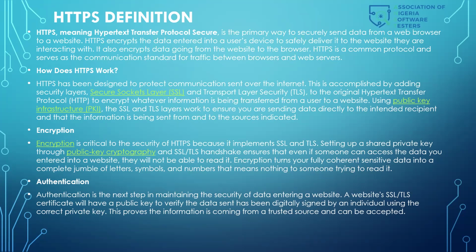So encryption generally is critical to the security of HTTPS because it implements SSL, that is secure socket layer, and the transport layer security, TLS, setting up a shared private key through the PKI, public key cryptography, and the SSL or TLS handshake. It ensures that even if someone can access the data you entered into a website, they will not be able to read it.